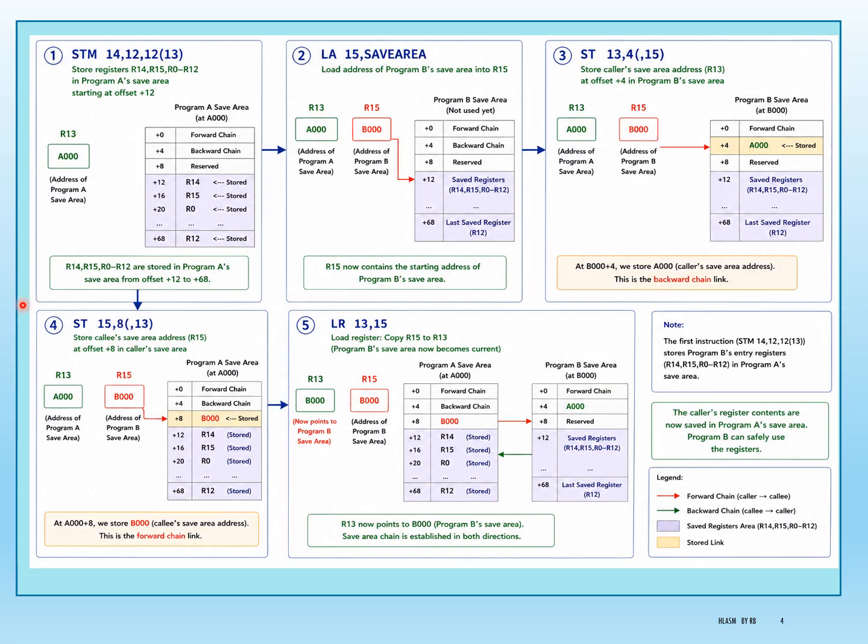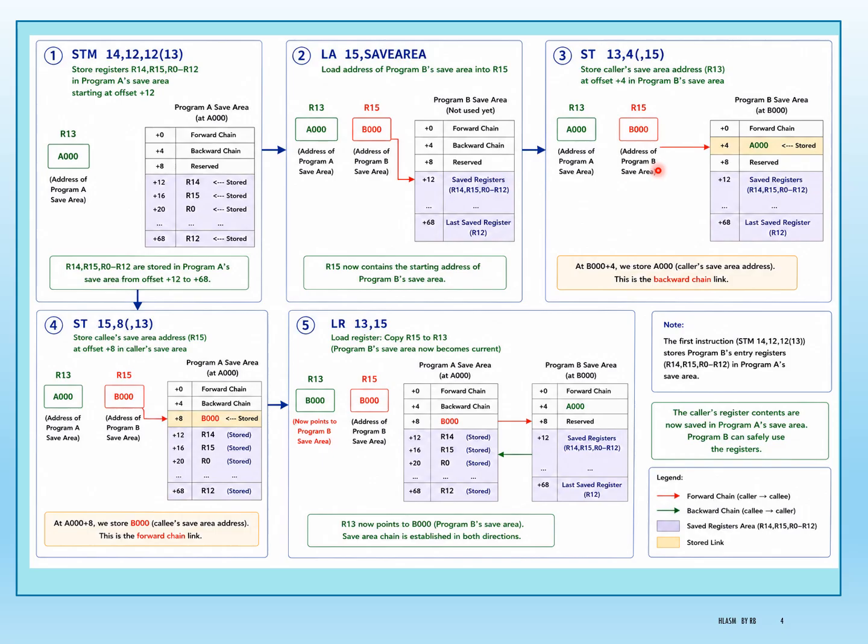Now I have done all this activity. Now I am switching my save area from 15 to 13. I told you, right, when we started, register 13 is pointing to the save area of program A. Now I know that I stored my data of registers in save area A. Then I also kind of cross-pollinated the save areas of A and B with each other's address.